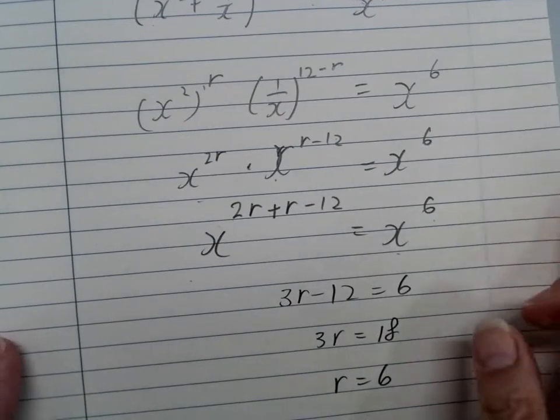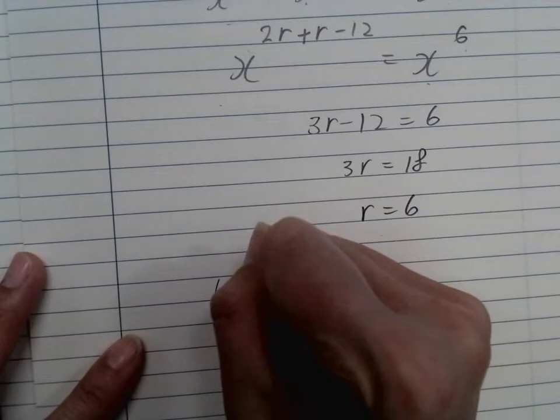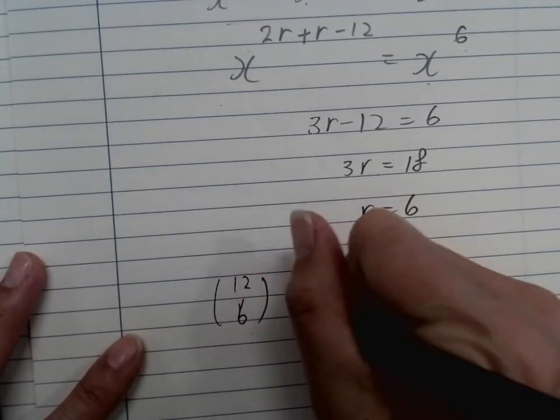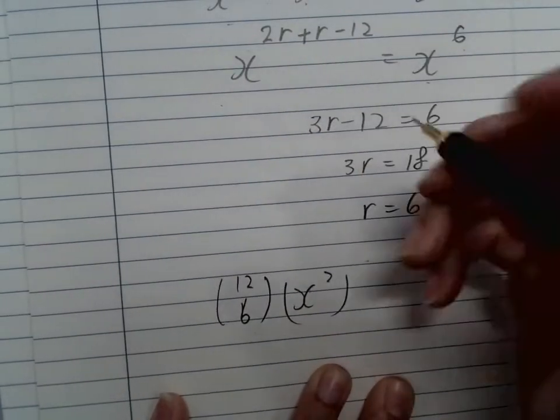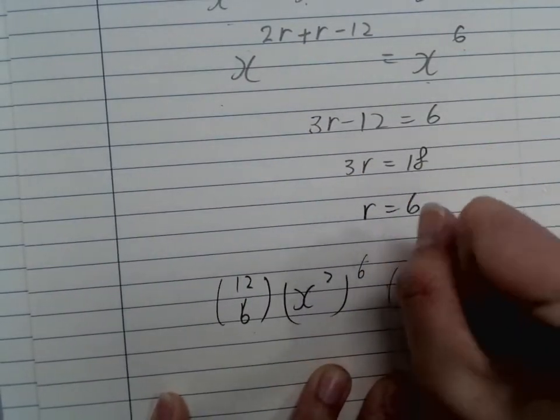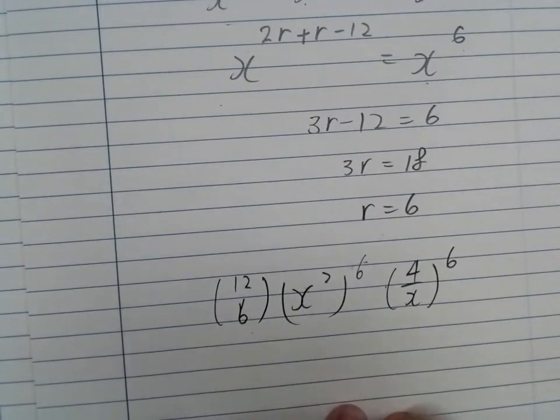Now we got the r, we can put it back into the case here. So we have 12Cr, times x squared to the power r, which is 6 there, and 4 over x to the power 6, and that should cancel out. So we got 12C6.